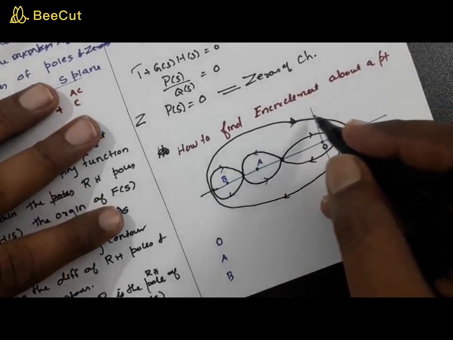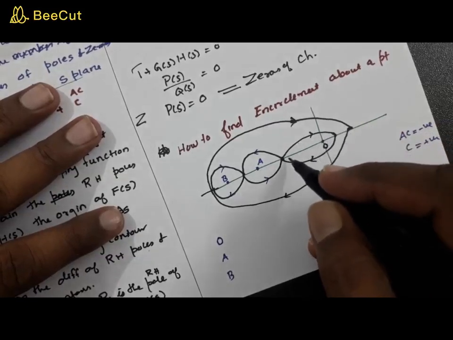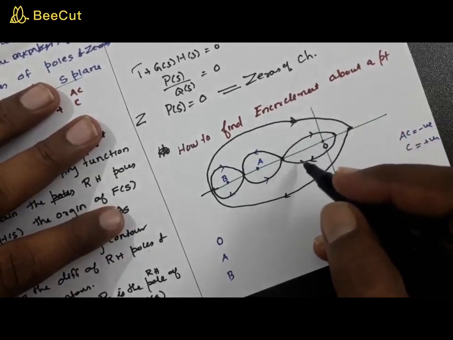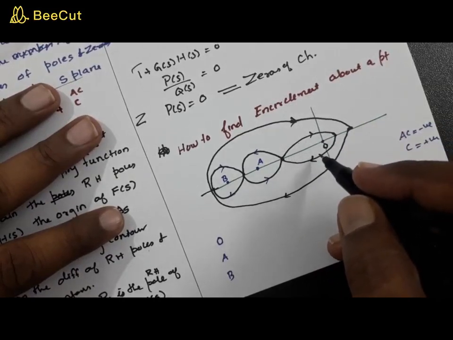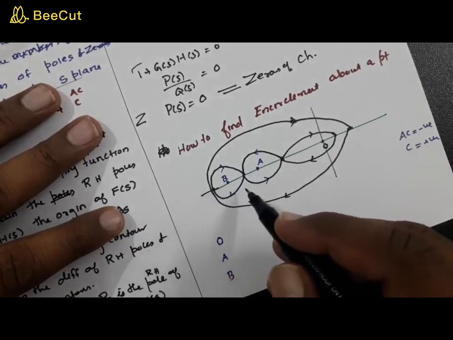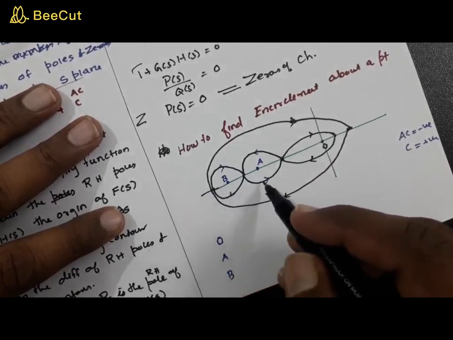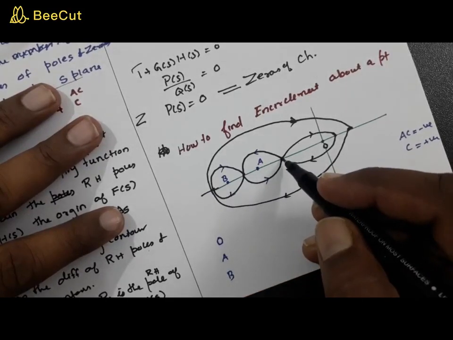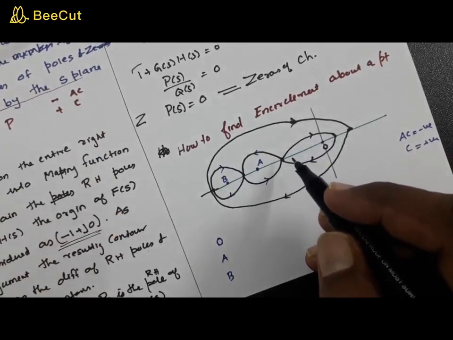Now regarding this point, this is one of the encirclements. This is a clockwise encirclement, so that is one encirclement, right? Now there is one more encirclement. When you start from this point, how will you identify the encirclement?